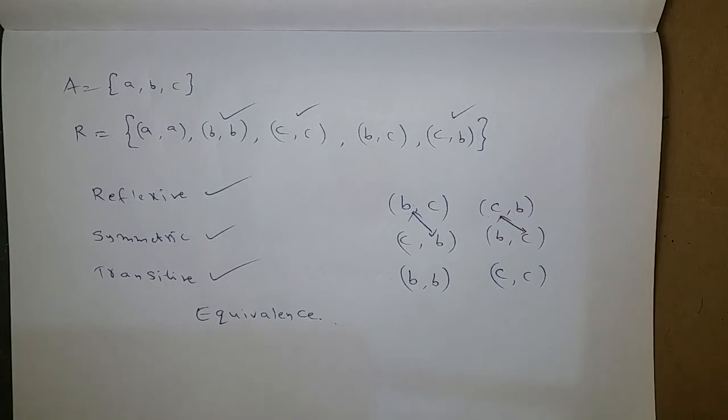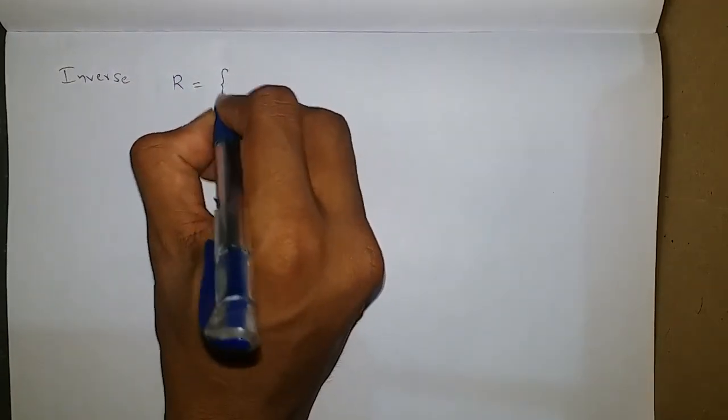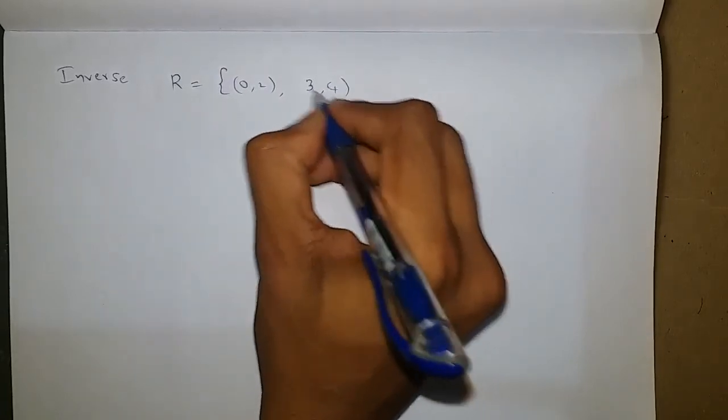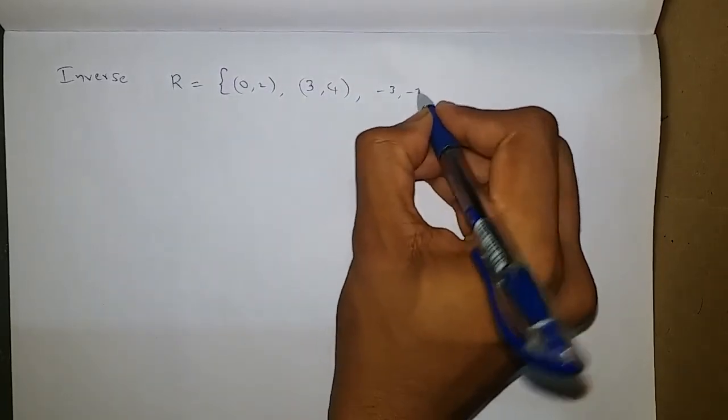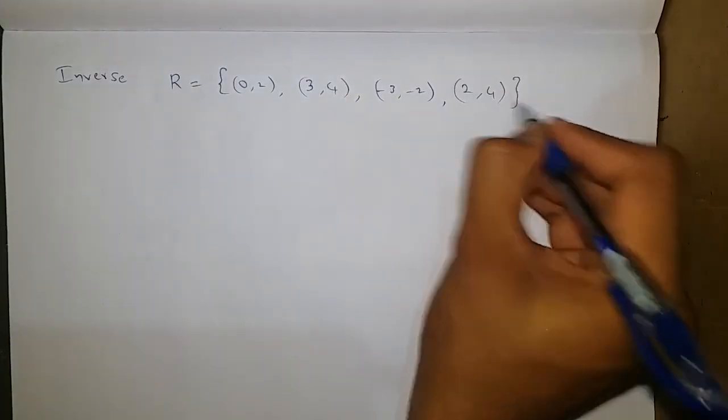Next, the last type of relation is inverse relation. Inverse relation is very easy. We have a relation where the ordered pairs are (0, 2), (3, 4), (-3, -2), (2, 4).